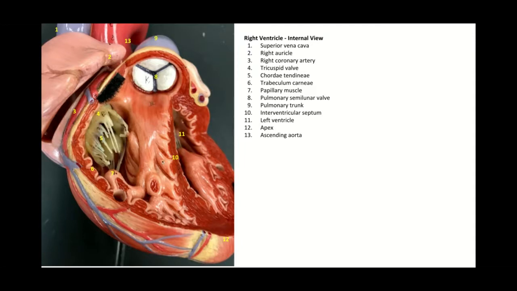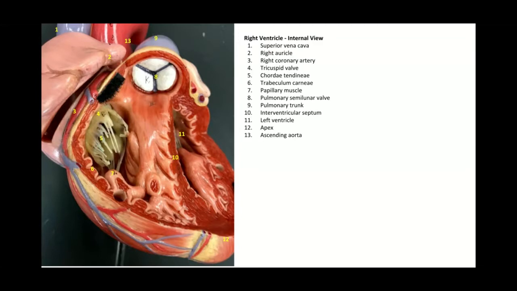Inside the ventricle, the surface is not smooth. You can see muscle ridges here, and the muscle ridges are labeled with number 6. We call them trabeculae carneae. Trabeculae carneae are the muscle ridges which we have inside the right ventricle.